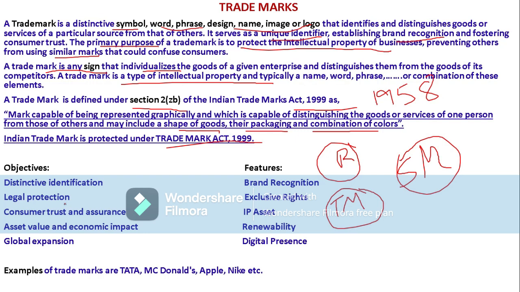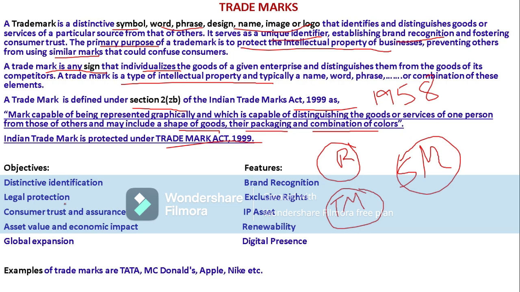So these trademarks play a very important role in enhancing the marketability also. The consumer will recognize the product, it enhances the marketability, and it influences the consumer perception also. So the need for trademark is indispensable for building a brand identity, protecting intellectual property, gaining competitive edge, and fostering consumer trust.